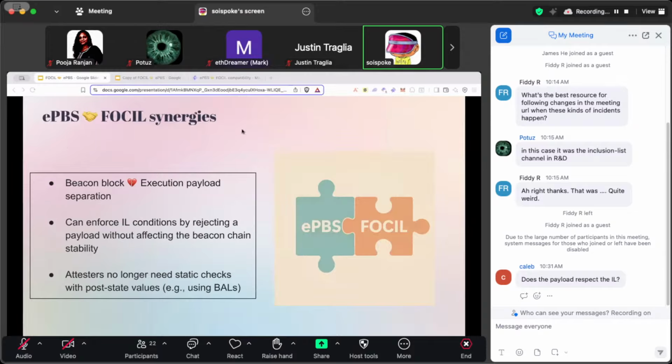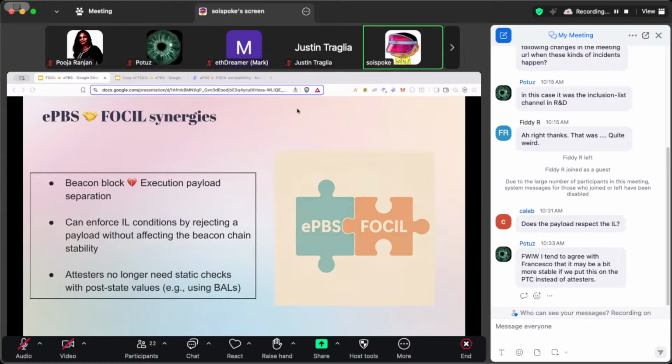So I think the TLDR is that the key synergy between FOCIL and ePBS revolves around the separation of the beacon block and the execution payload, because that separation enables enforcing IL conditions by rejecting non-compliant payloads without affecting beacon chain stability.